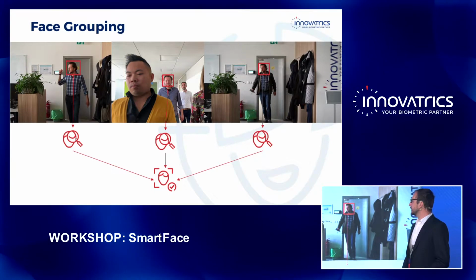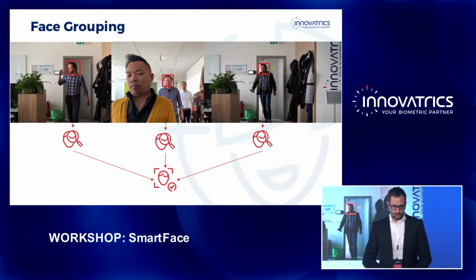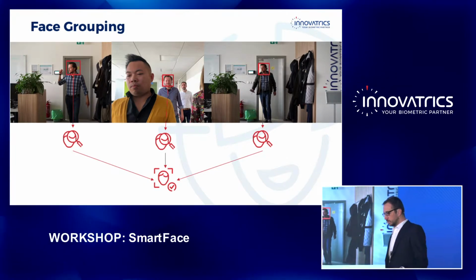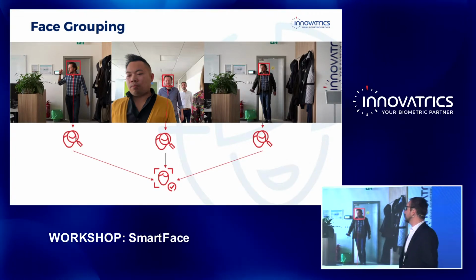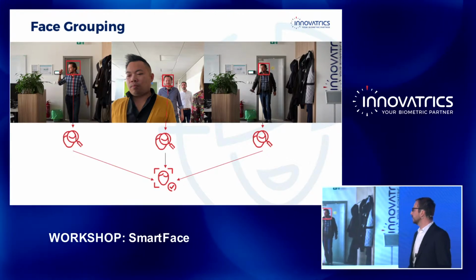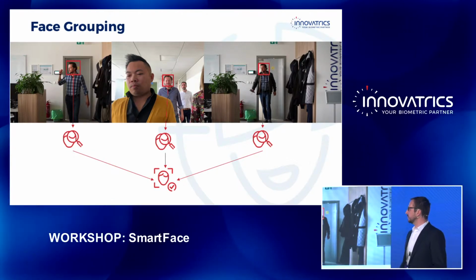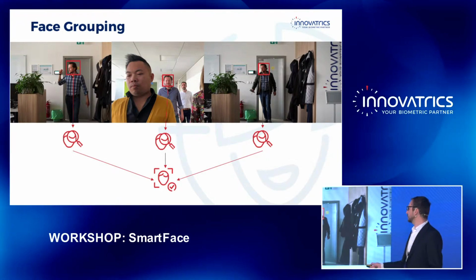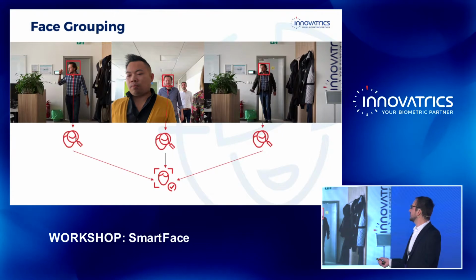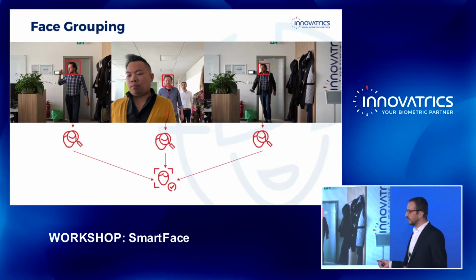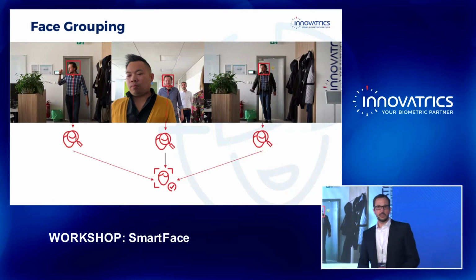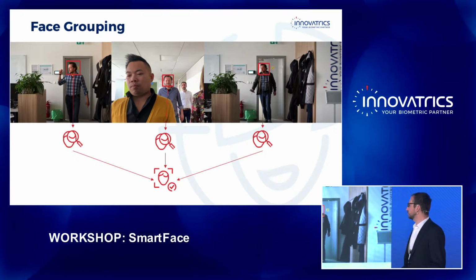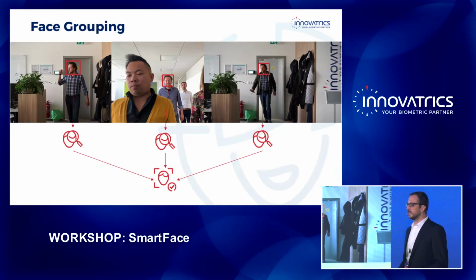Another really interesting and important feature of SmartFace is face grouping. So imagine that you do not know the person that is in front of the camera. But this person can be spotted in front of the first camera, but also in front of the second camera, or in front of the same camera, but on a different date. And this might be really interesting and important for you to get these kinds of insights.